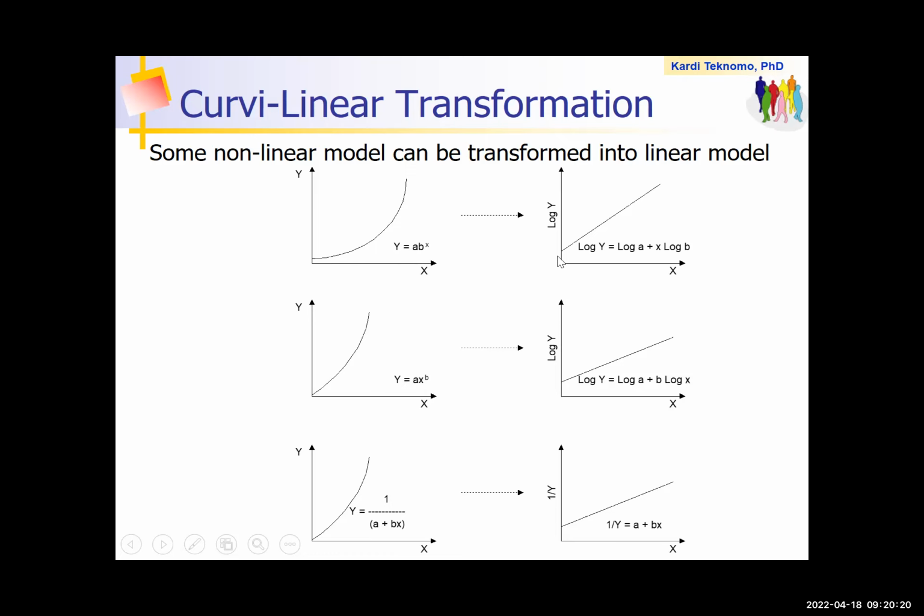Then you can transform by taking the log of y. The x remains x, then you will get log y equals log a plus x times log b. This is a linear model.